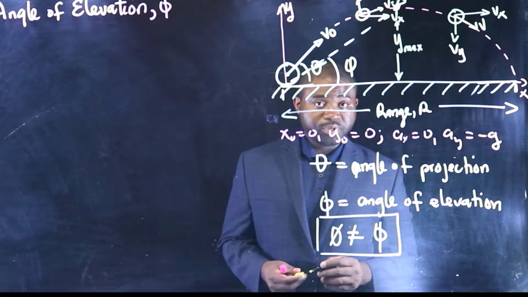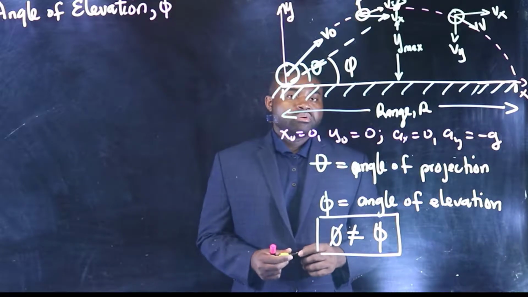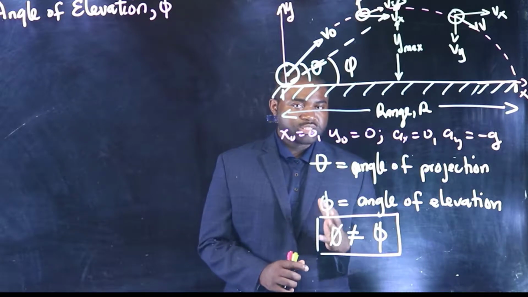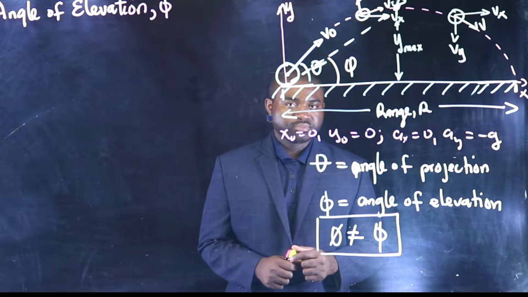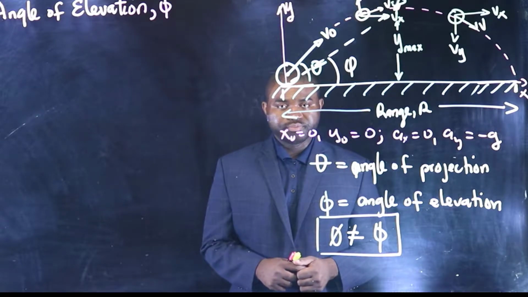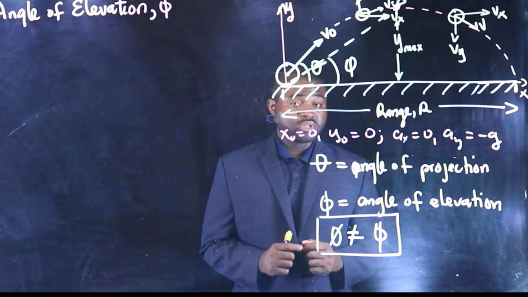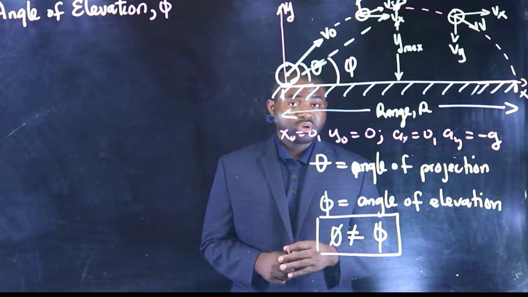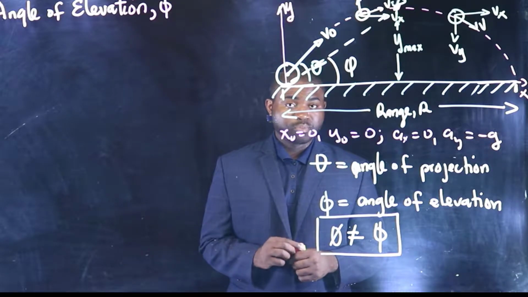In this short piece, I will show you the relationship that exists between the angle of projection and the angle of elevation. It is very easy to measure the angle of elevation, but it is not very easy to measure the angle of projection.